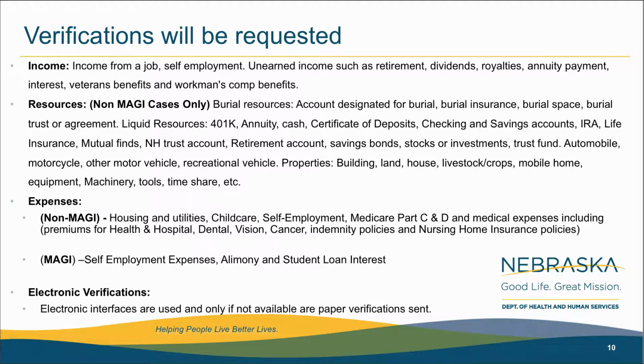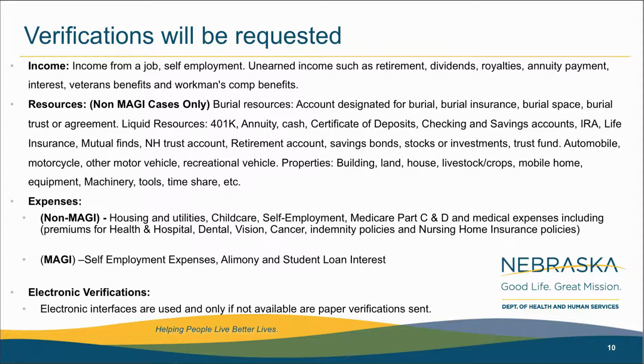Okay, and then through the application process, the state will require some verifications if need be, and those verifications include income, whether that be from self-employment or from a specific job, or even unearned income, whether it's annuities or dividends or stuff like that.